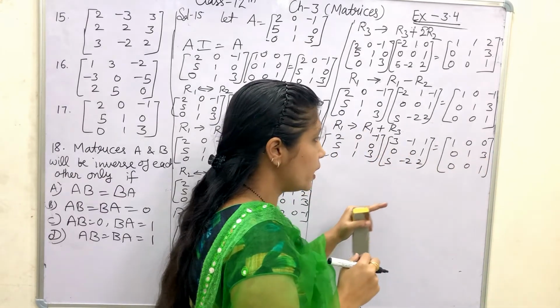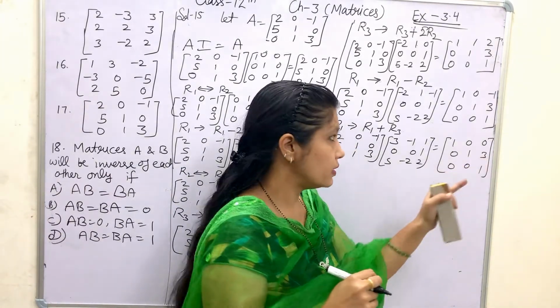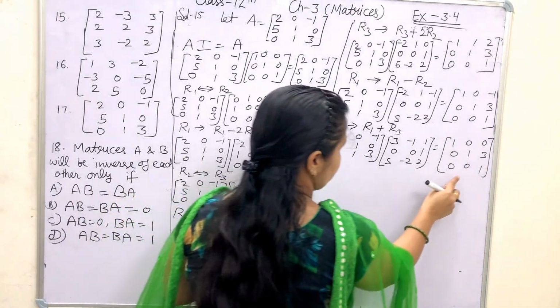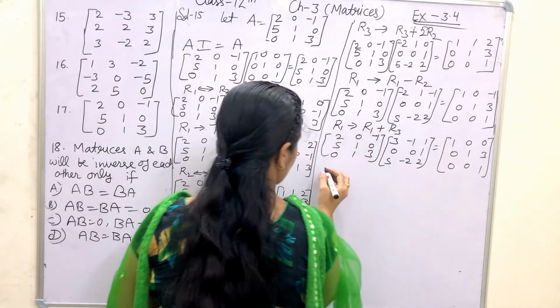Now we know that for making this matrix identity we have to make our element A23 as 0. So what we do? We multiply our R3 by 3 and subtract from R2.